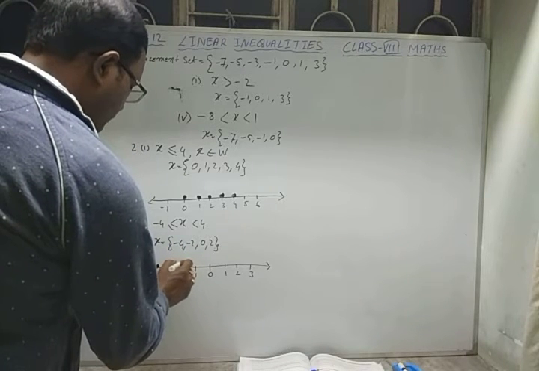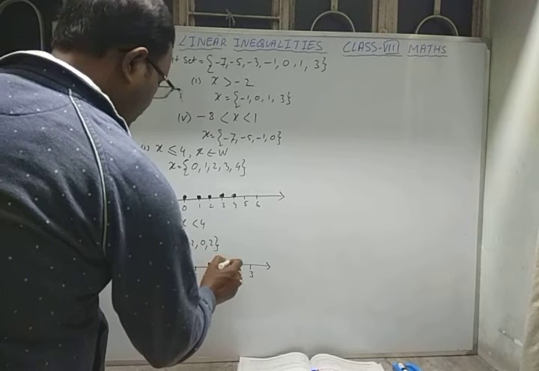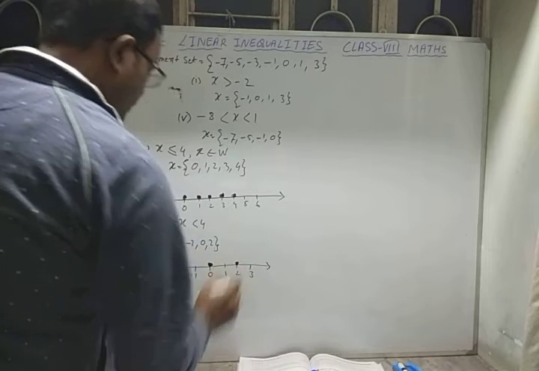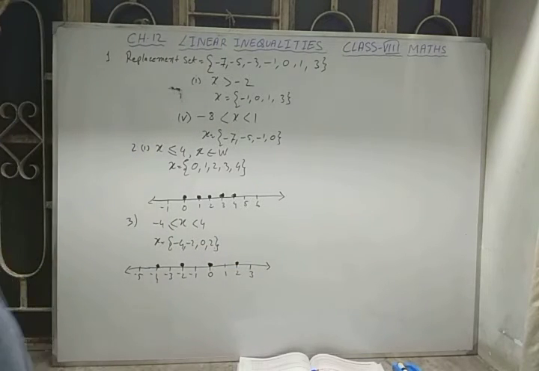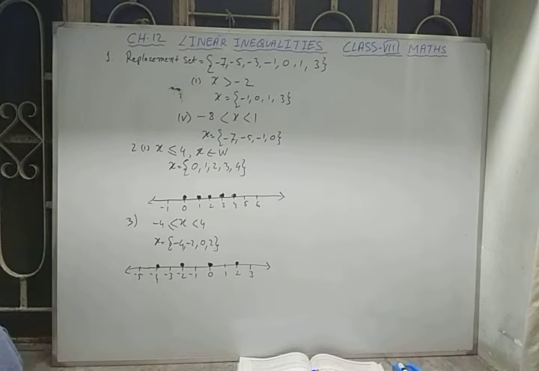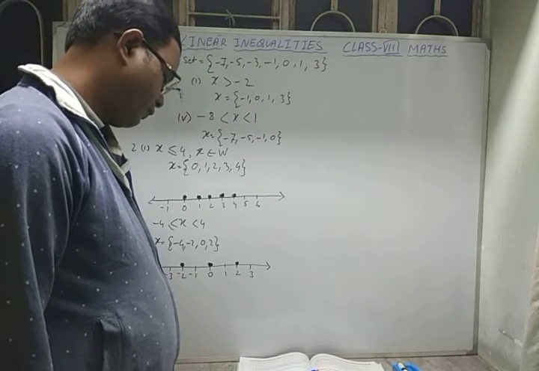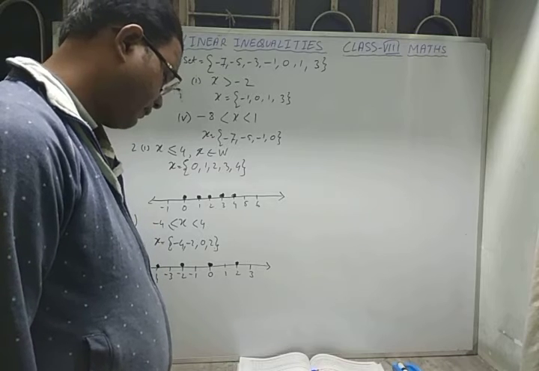Second, minus 2, circle it here. Then 0, circle it here. Then 2. So these are the 4 answers of the solution set which I have drawn on a number line. This is called graphical representation. This type of question is the same; questions number 4 and 5 are the same type.